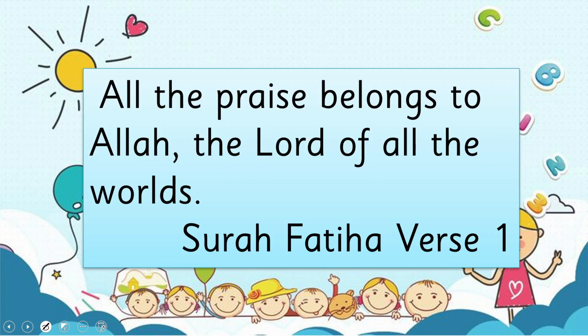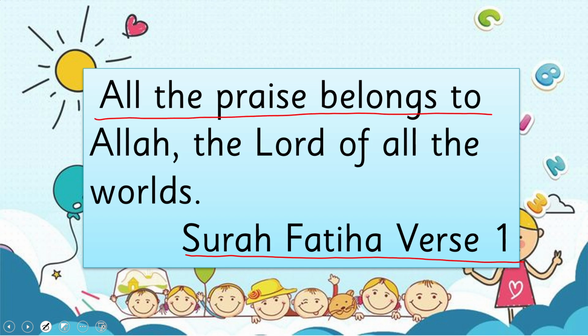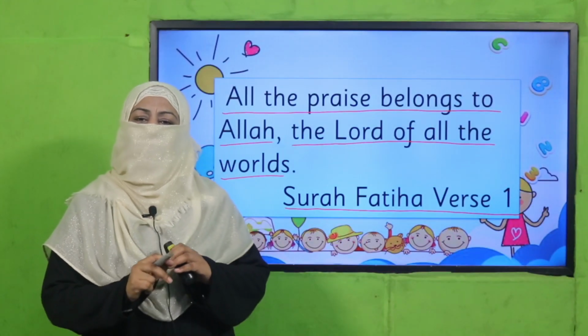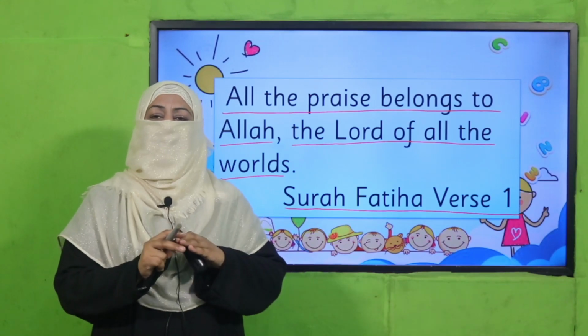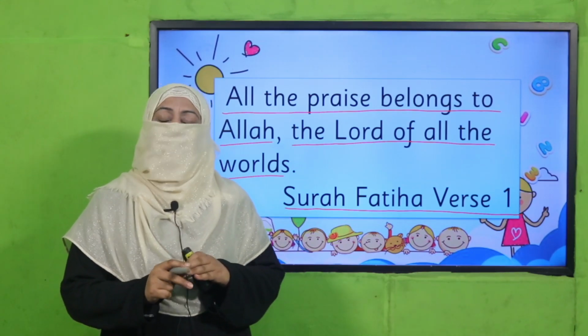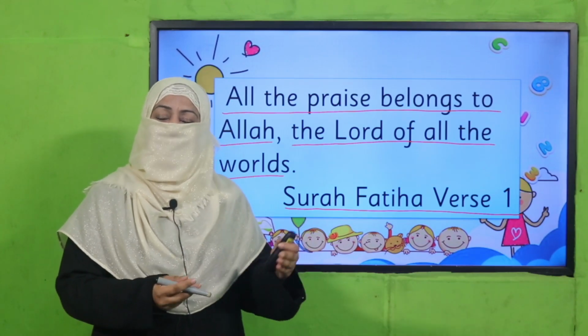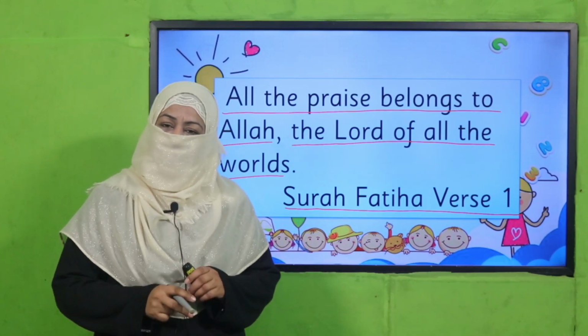Let's start with the name of Allah subhanahu wa ta'ala. Allah mentions in Quran, Surah Fatiha, verse 1, all the praise belongs to Allah, the Lord of all the worlds. Yes, my dear students, this beautiful verse tells us all the praise, Alhamdulillah, is for Allah subhanahu wa ta'ala. Whatever good we learned, whatever good we could do throughout the year, this is all with the grace of Allah.